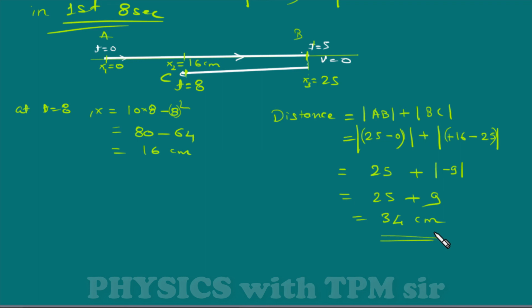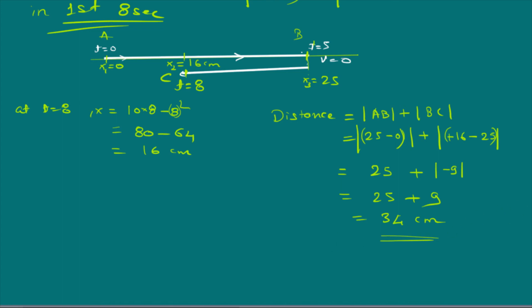Got it? This is how you calculate. And yes, obviously there is a method of integration also, but when you do integration, you must remember that, suppose for the first 8 seconds you want to calculate the distance using integration, then it will be v dt. You must integrate it from t is equal to 0 to t is equal to 5 seconds first.